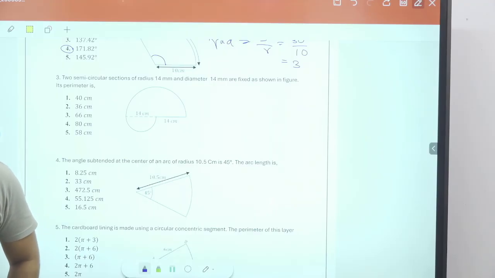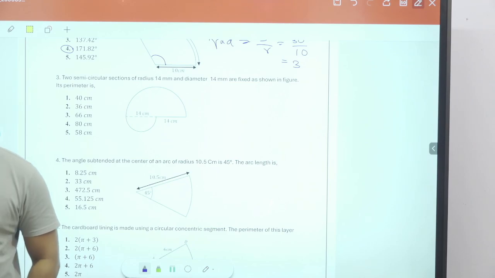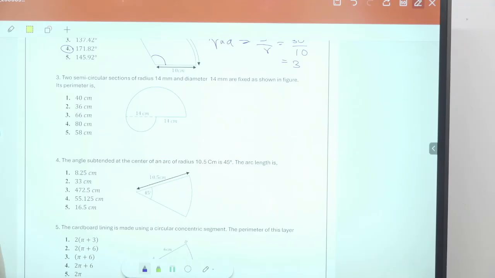Got it? What is the answer? 80. As I remember, it's correct.